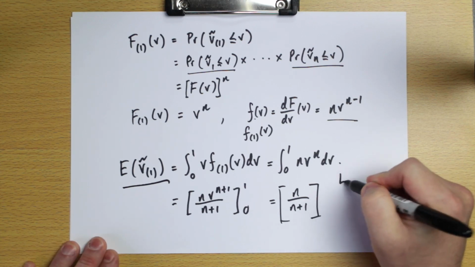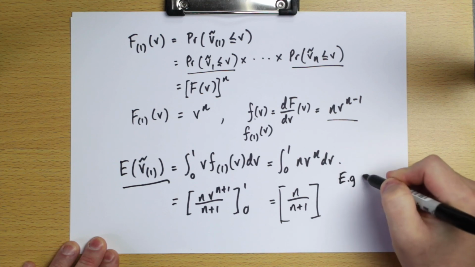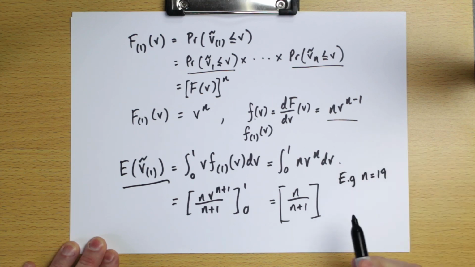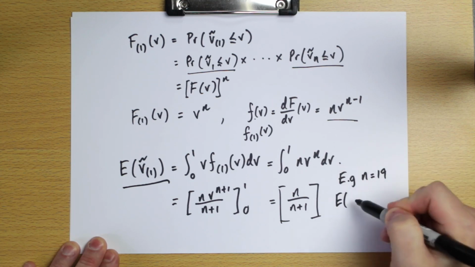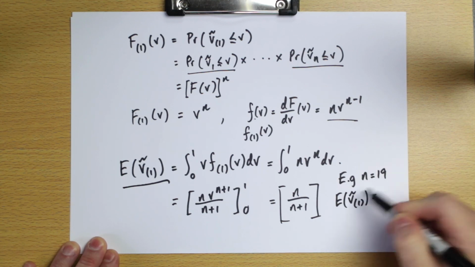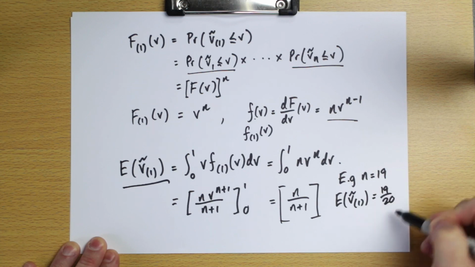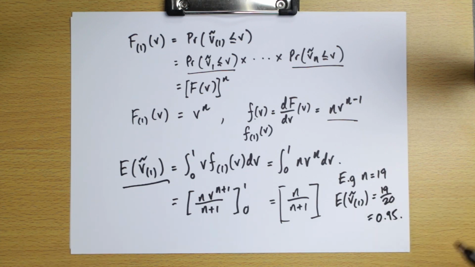If I give myself an easy number, so for instance, if n is 19, then the expected value of the first order statistic would be 19 over 20, which is 0.95. Okay, so how nice is that?